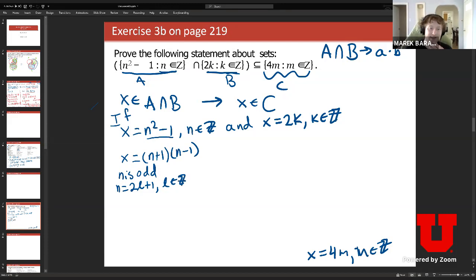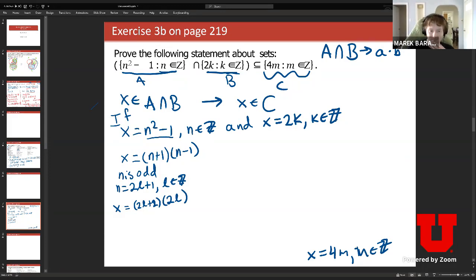So x equals 2L plus 2 times 2L, combining the plus 1 and the minus 1.